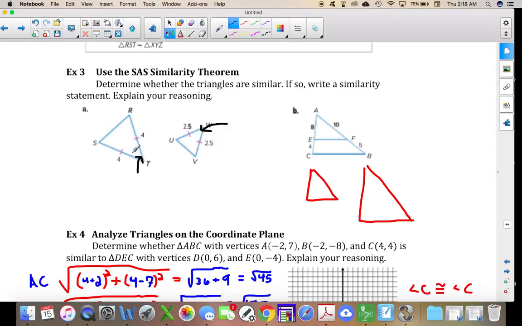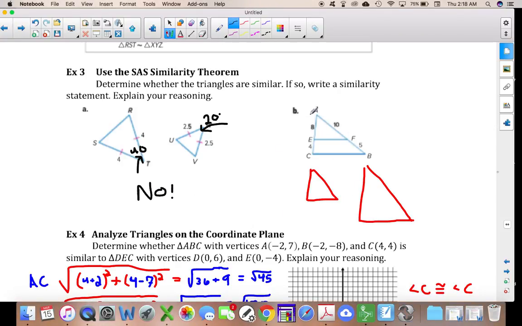So I could have T being, I don't know, maybe 40 degrees and W being 20 degrees. And those sides could be 4 and 4, and these sides could be 2.5 and 2.5. But those aren't going to be similar triangles. It has to label and tell me that both of those angles have the same measure. So these are not similar by side angle side.